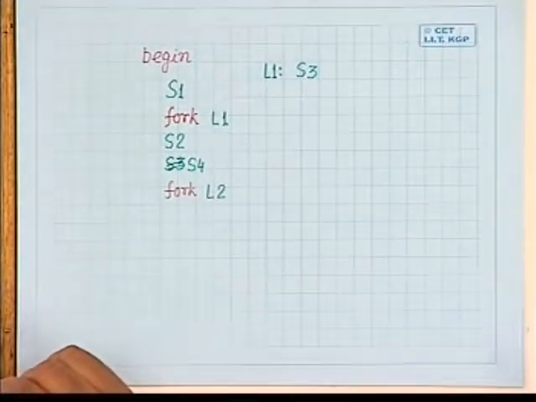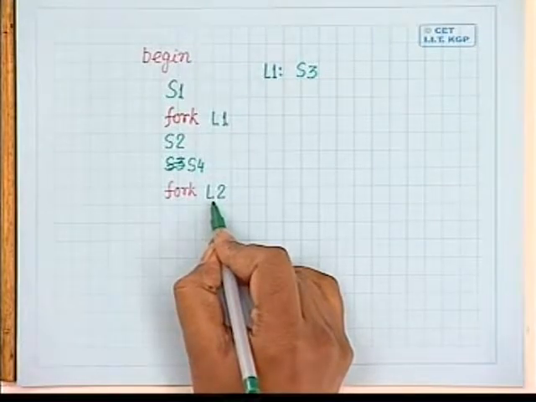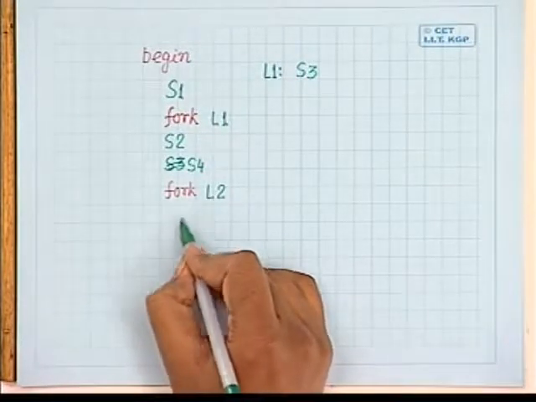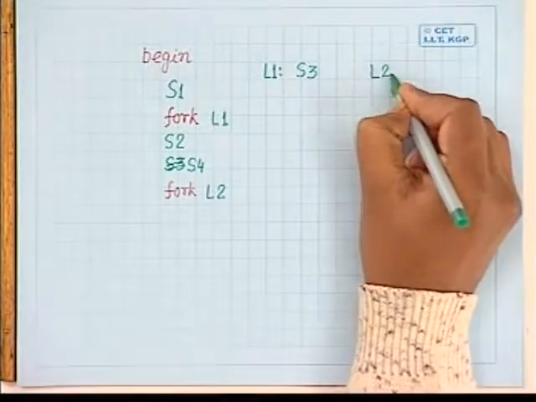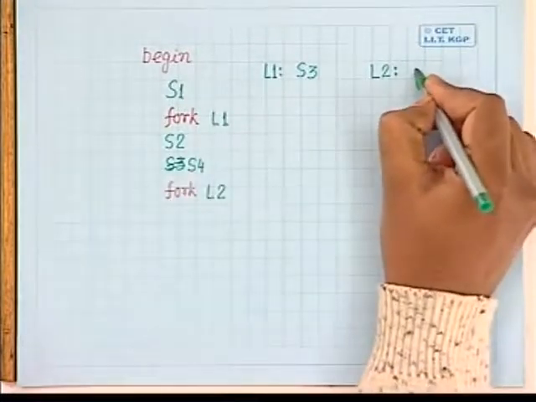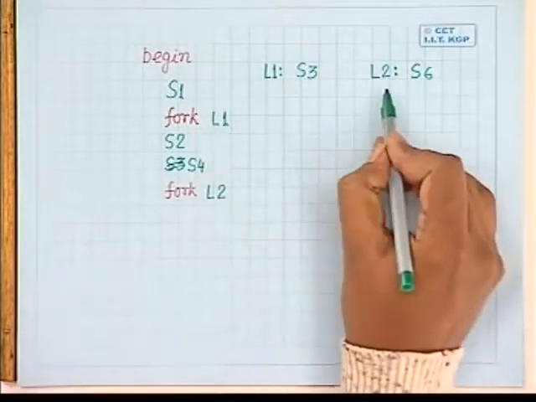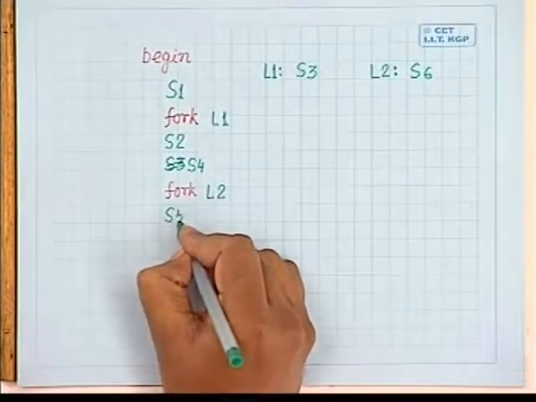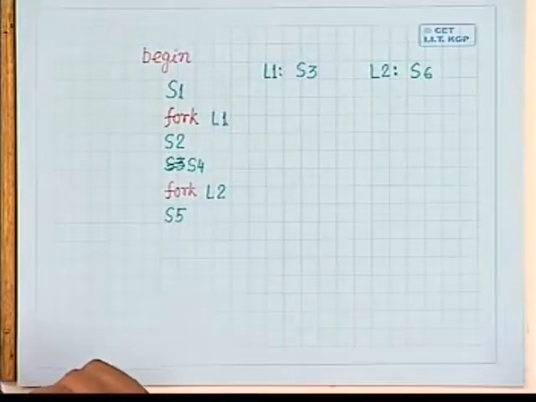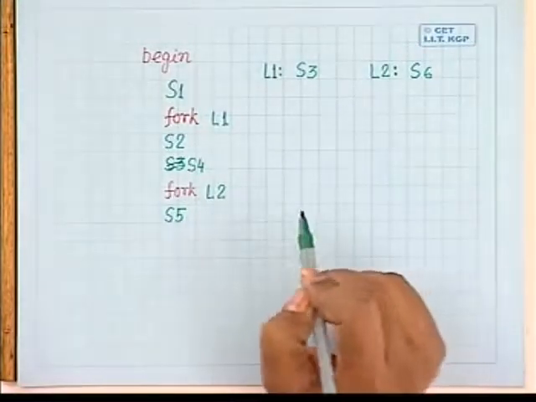Again it creates two processes: one starts execution at label L2, and the other continues with the statement following this fork statement. So I have label L2 with the statement S6. It may be either S5 or S6, that does not matter. Let me put S6 here and S5 to be executed by the same process.